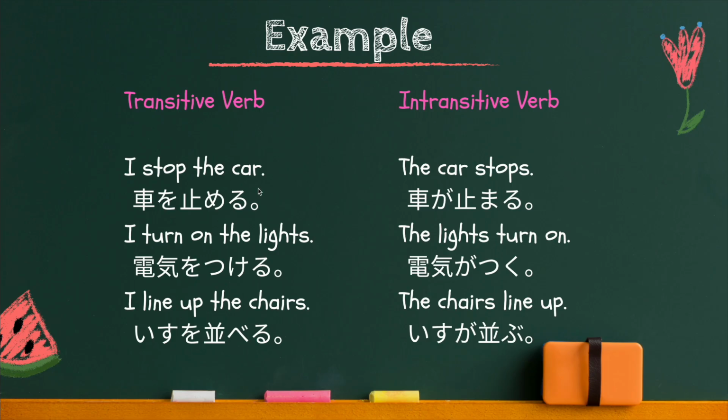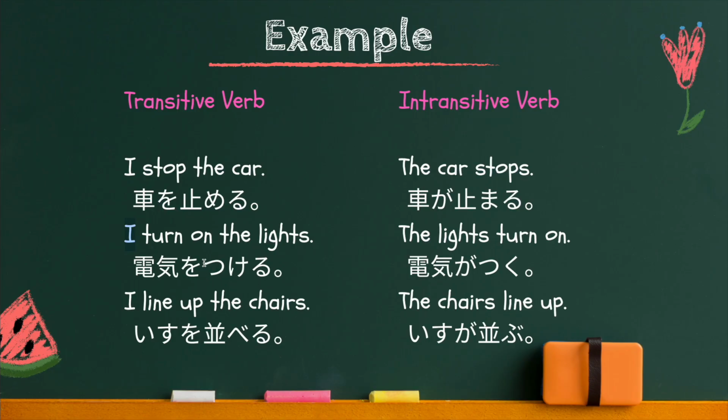So let's start with this one. I turn on the lights. 電気をつける. This is the transitive verb. It focuses on the person who does the action. In this case, I, 私. Watashi is omitted, but it's implied in Japanese.